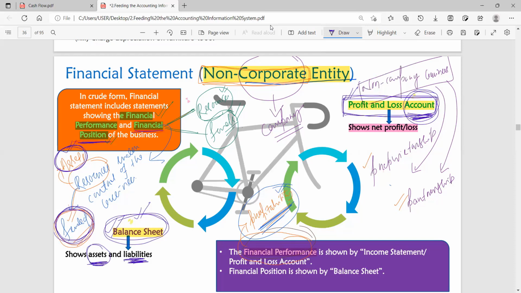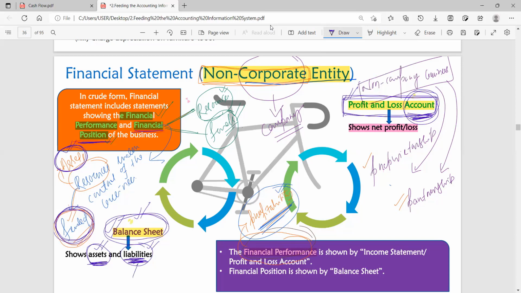There is a very, very important relationship between these two sets of items disclosed in the balance sheet: assets are always equal to liabilities. That is the very fundamental relationship between assets and liabilities.